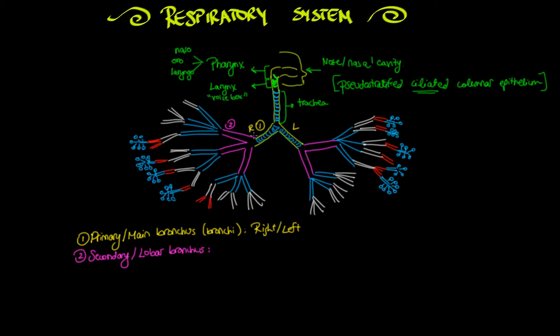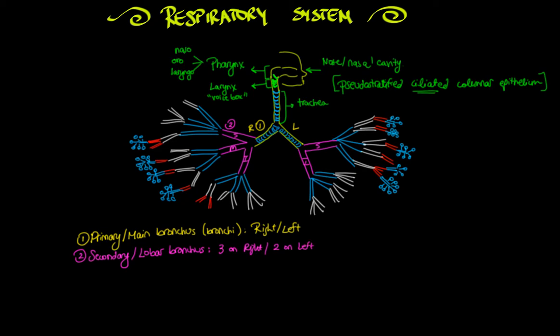The right primary bronchus is going to divide into superior, middle, and inferior secondary bronchi. The left is going to divide into a superior and an inferior secondary bronchus. So you have 3 on the right and 2 on the left, and these are divisions of the primary bronchus.